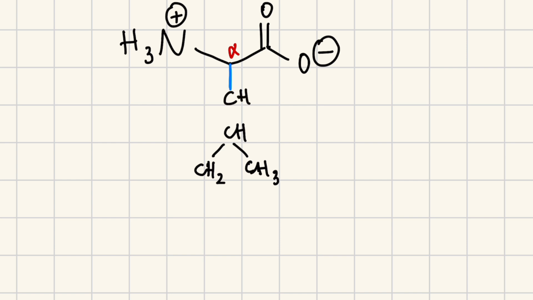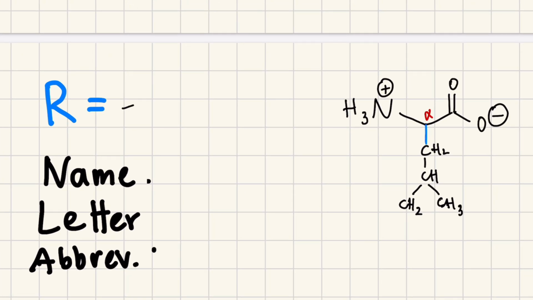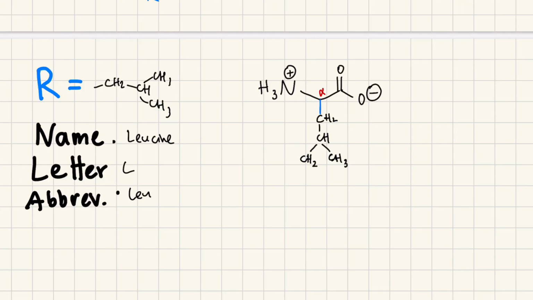It's going to be a CH2, and it will extend this V downwards. I'll do the functional group again: CH2, CH, CH3, CH3. This is leucine, LEU.